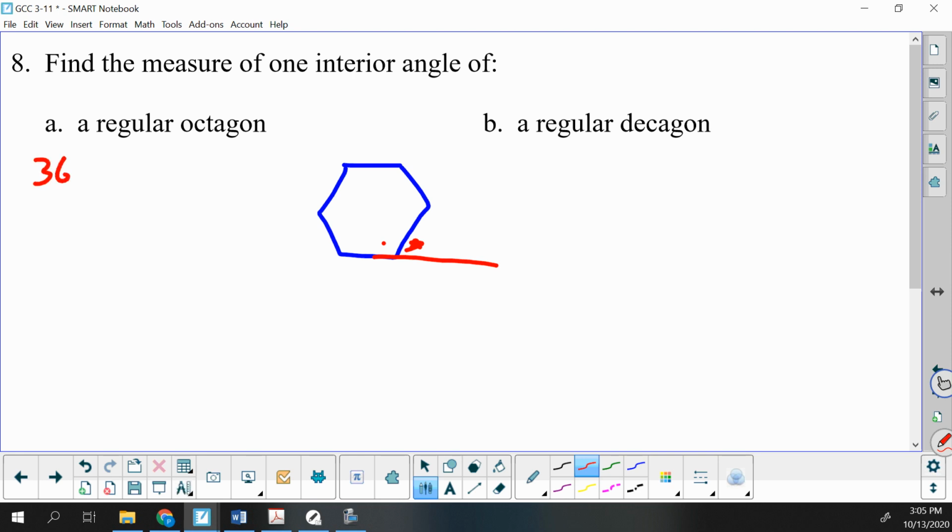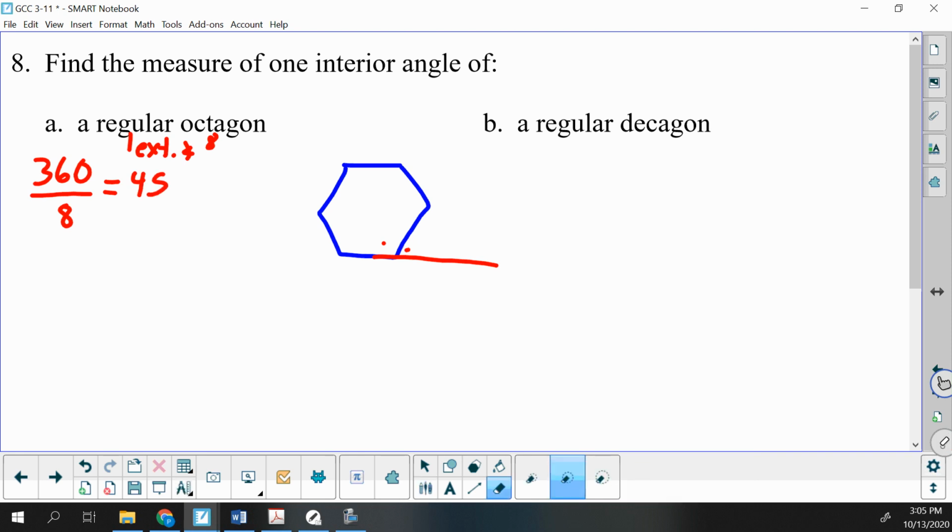So let's do 360 divided by our number of sides, 8 because we have an octagon, and that's going to give us one exterior angle. Well, 360 divided by 8 is going to give us 45. So something that we know is that this angle out here is 45.